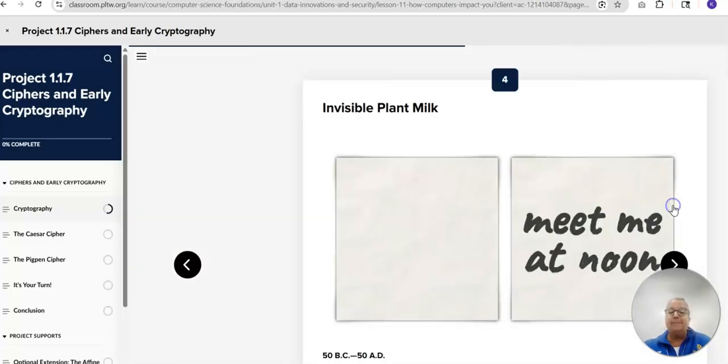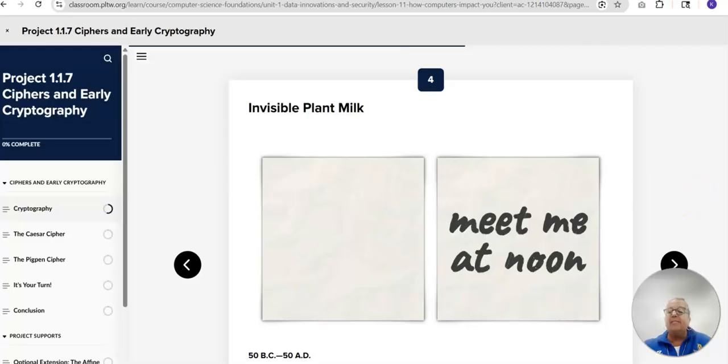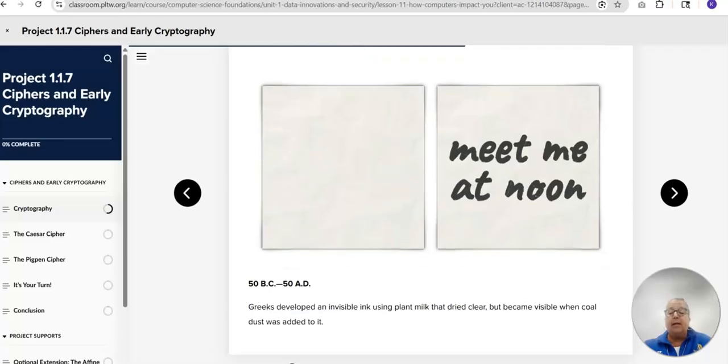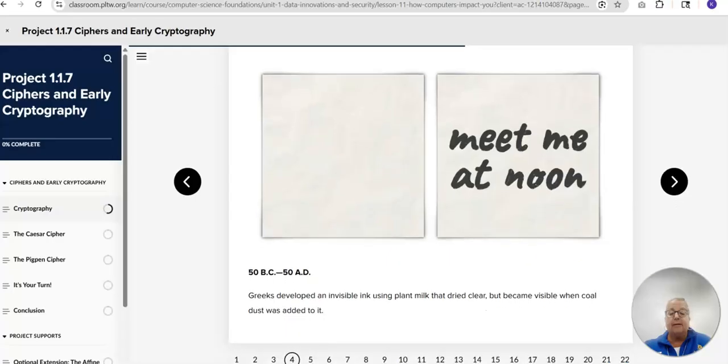This is the invisible milk, plant milk. They would write it and it would be invisible, and then when they'd get it somewhere and it'd dry, then you could see the message. So it said, yeah, dried clear, and then if you put coal dust on it, then you could read it again.